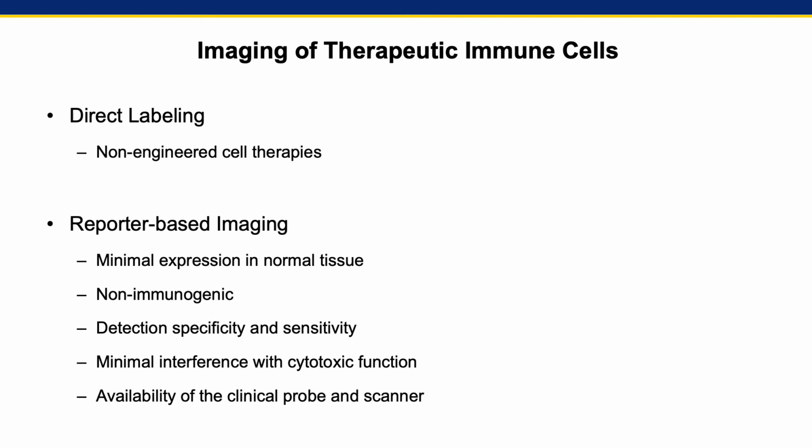Reporter-based imaging has more things to do, but this method will have to be carefully designed and executed, in that the reporter should have minimal expression in normal tissue, and it should not be immunogenic, and the detection sensitivity and specificity should be higher, and the engineered reporter gene should not interfere with the cytotoxic function of the infused cells. It'd be better suited for clinical translation, where the probe and scanners are already available for clinical use.